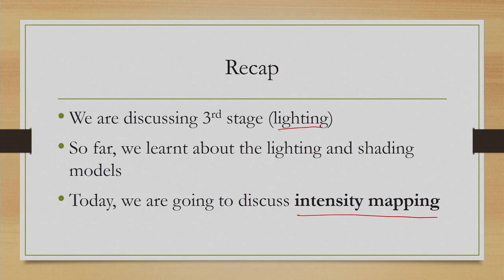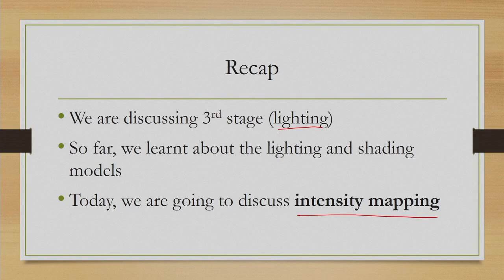One more thing remains, that is how we map the computed intensity values, either using the lighting model or using the shading models, to a bit sequence, a sequence of zeros and ones that the computer understands. That will be the subject matter of today's discussion: intensity mapping.